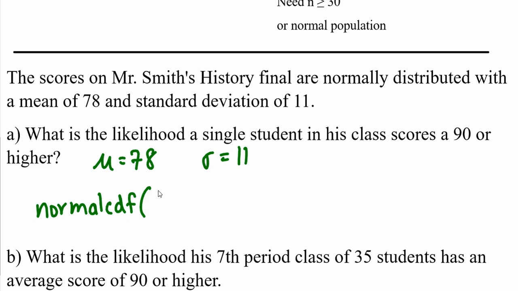My left bound is the score of 90. I want 90 or higher. So technically the highest value is 100. You could set it to be 100. I'm just going to do 1,000 just to be consistent. Both would be the correct approximations. The average score is 78, standard deviation is 11, and then I just run that.